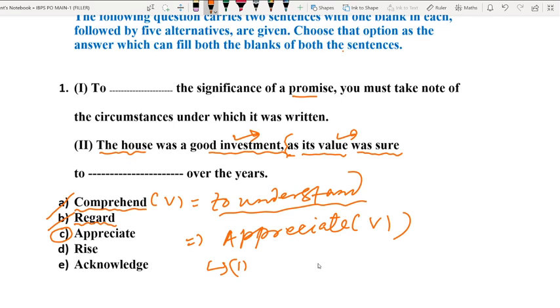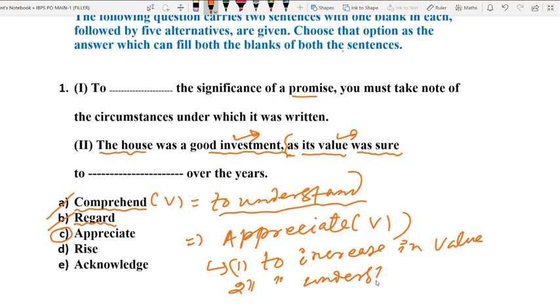The first meaning is to increase in value of something. And the second meaning is to understand a situation fully.